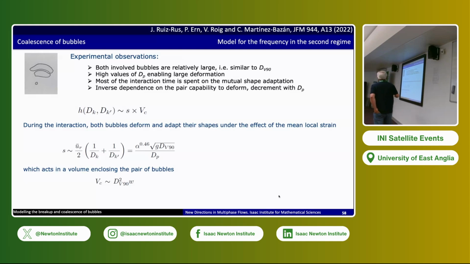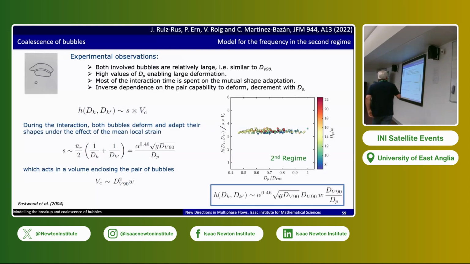The strain rate is just the characteristic velocity divided by this equivalent diameter, and the volume is dV90 squared times the thickness of the gap. And when we take these experimental measurements of the coalescence frequency divided by the model that we propose, the data just collapses here. So it seems that we have captured the experiments.